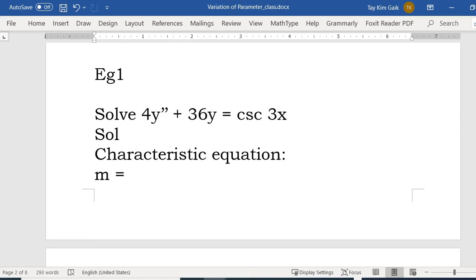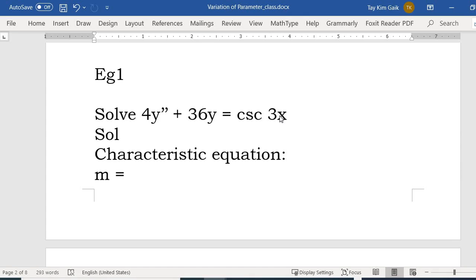Okay. So, example 1: solve y double prime plus 36y equal to cosec 3x. The right hand side here is not sin or cos, not polynomial, not exponential functions. Then you can only solve it using variation of parameters.